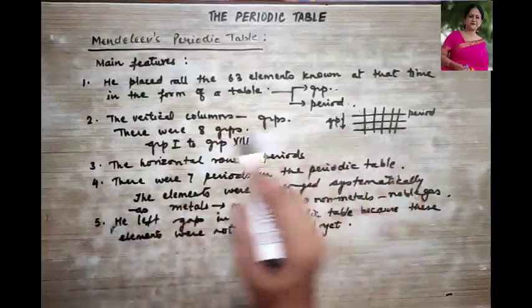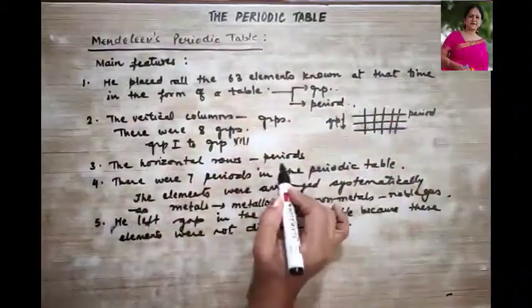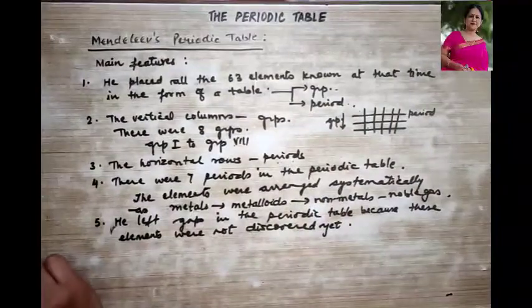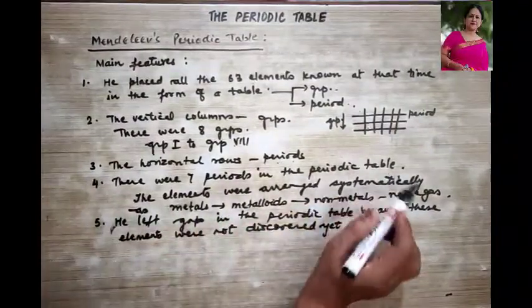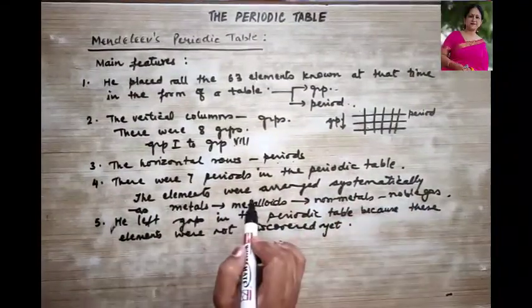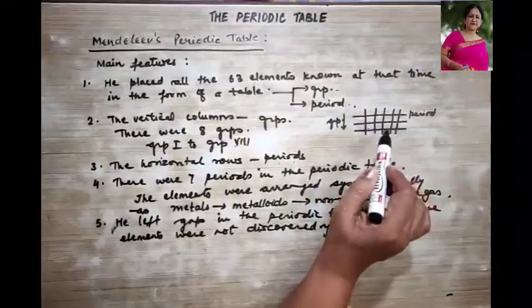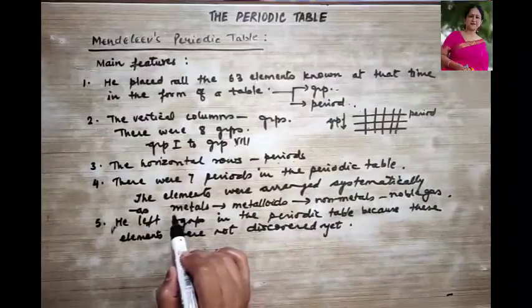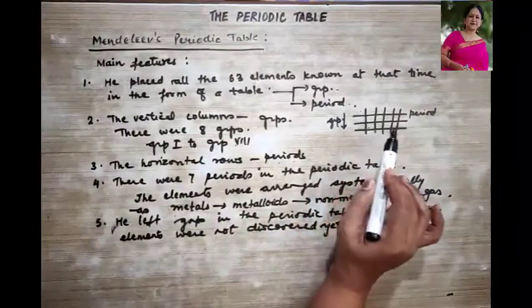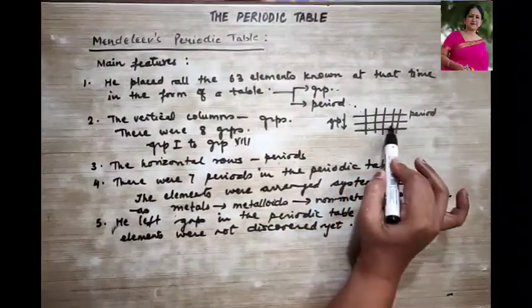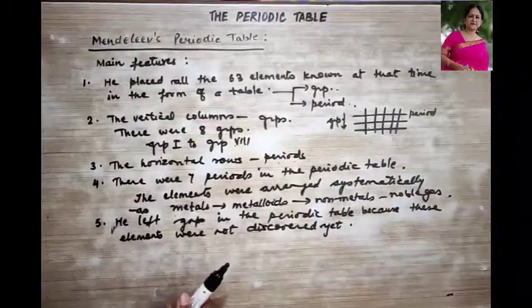Then horizontal rows, that is from left to right, we call a period, and there are 7 periods in the periodic table. These elements are arranged in this form: first the metals, then the metalloids, then non-metals, and lastly the noble gases.